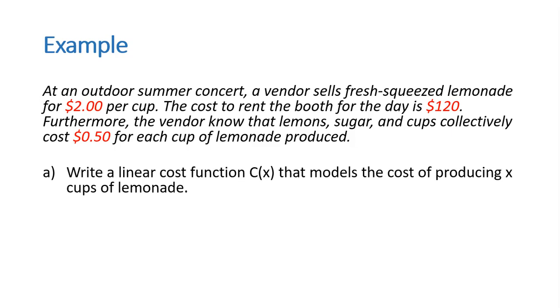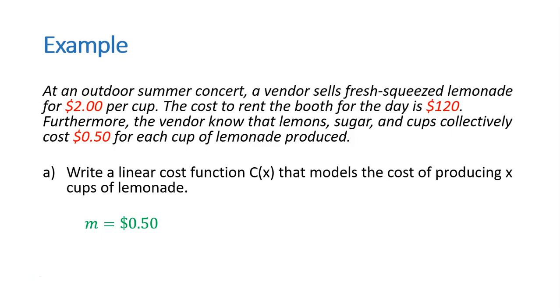So what we need to determine is the components that go into this cost function. What numbers represent elements of cost? We've got $2, we've got $120, we've got 50 cents. We need to know which one corresponds to which. So in this case, our variable cost is 50 cents. It's the amount we have to pay in order to make each of our individual products.